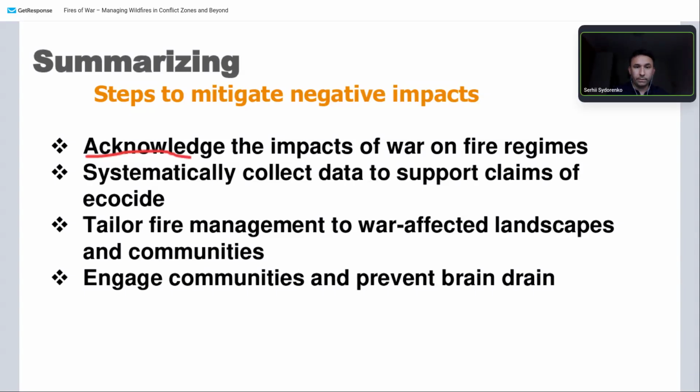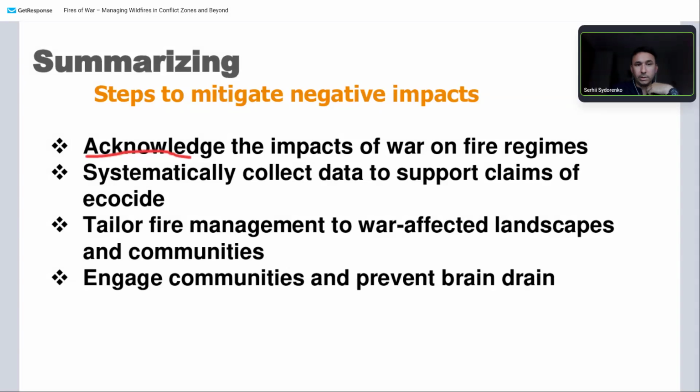So acknowledging these impacts, I believe, is crucial because of the global situation with conflicts all around the globe. Another reason is the huge area that will have unexploded ordnance pollution, and it needs a unique and tailored fire management for these war-affected landscapes. So I believe that some changes have to be made in those fire governance documents.